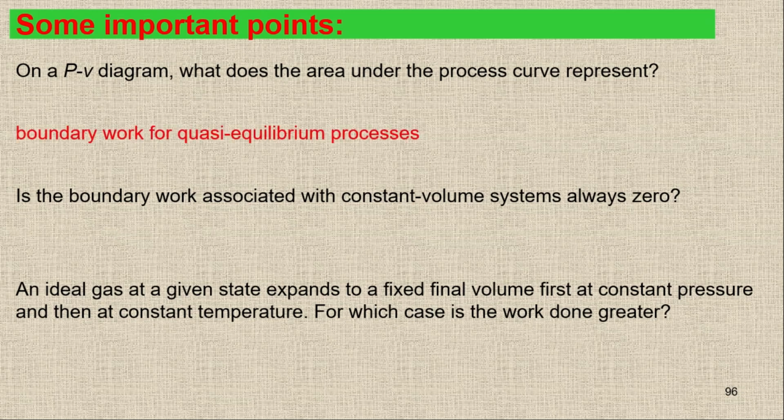You will study in chapter number 7 that the area under the curve on a TS diagram, T for temperature and S for entropy, is equal to the amount of heat. You will study this in chapter number 7 as well.